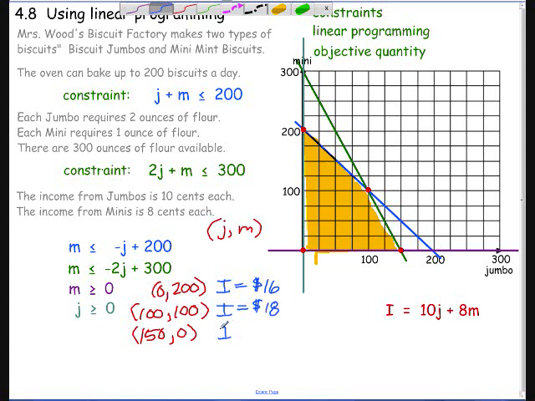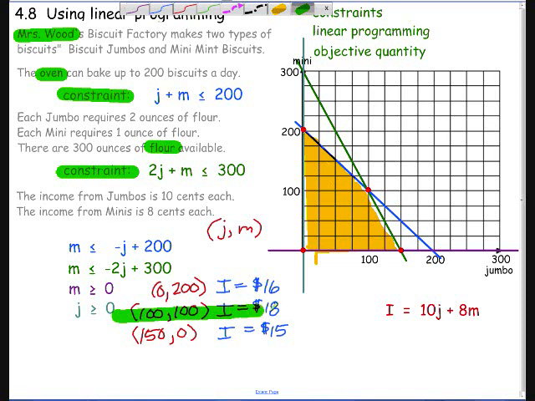And the income from this one would be $15. So clearly, linear programming can help Mrs. Wood determine how she should use her flour and her oven capacity. She should use it in this way.